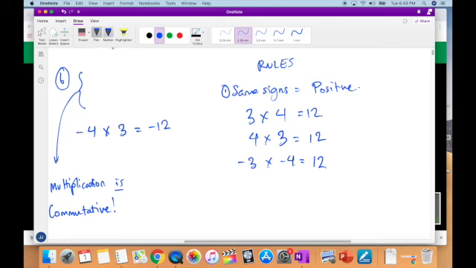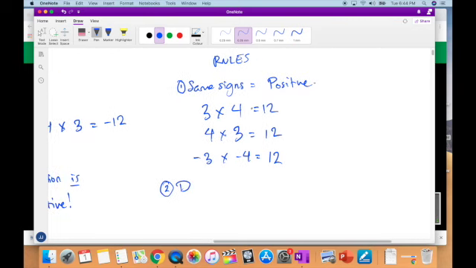Caitlin, did you remember this? All right, and then number 2, and these here are the rules for multiplication. And this, please remember this, multiplication and division.